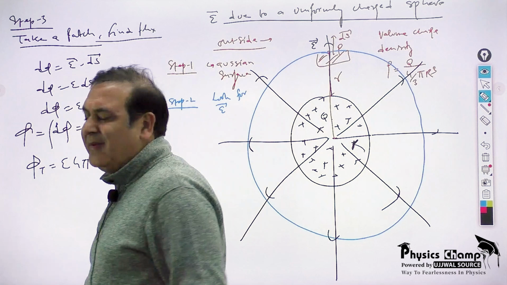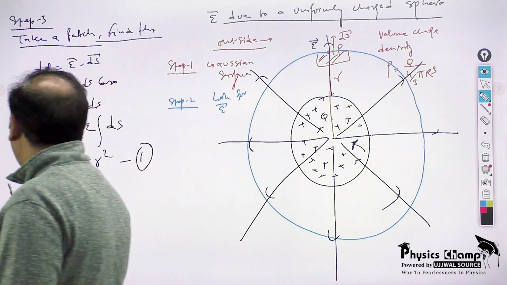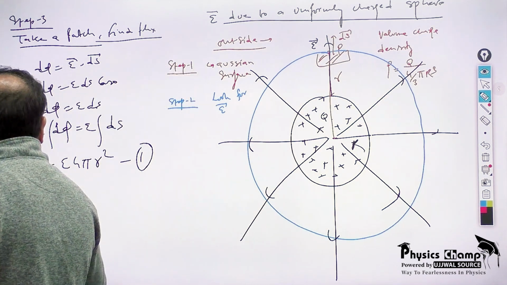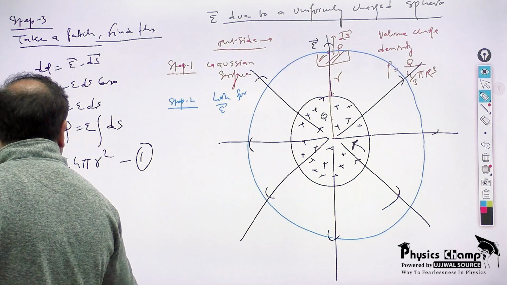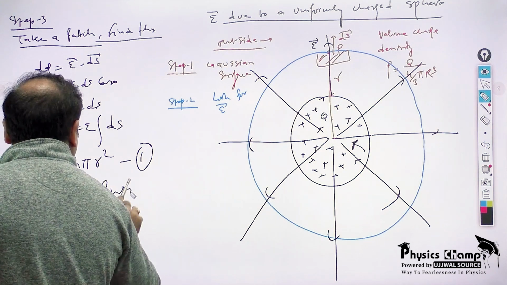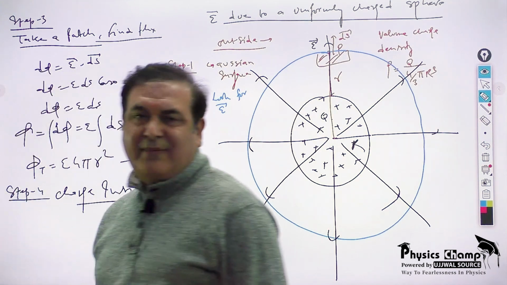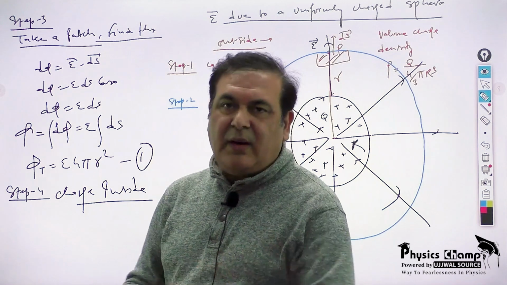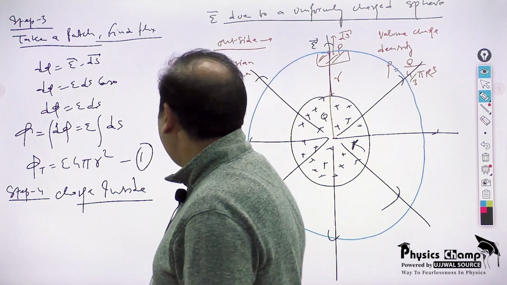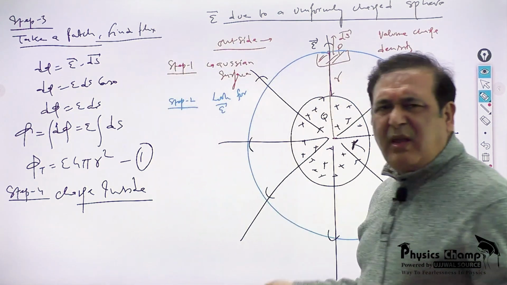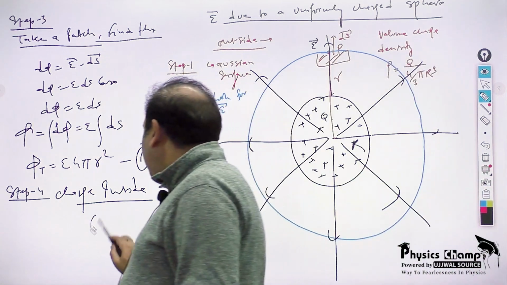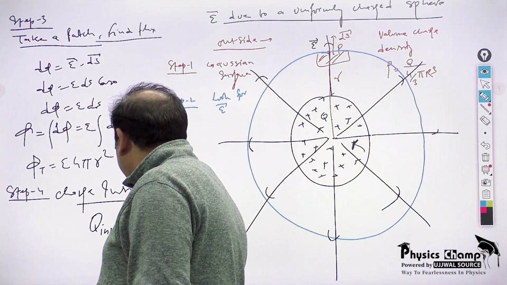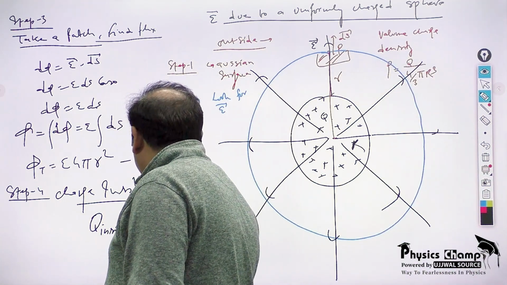Now step 4, look for the charge inside. It is almost the same as what you have done in the shell. Charge inside, whole charge Q is inside. So charge inside would be capital Q only.